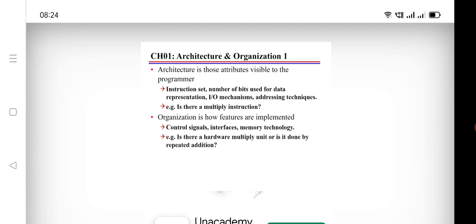So these are some examples of organization, that is, how we are going to implement.